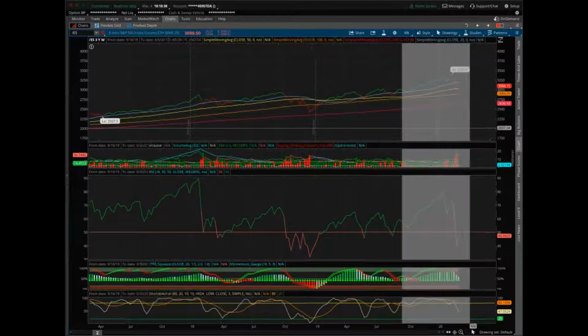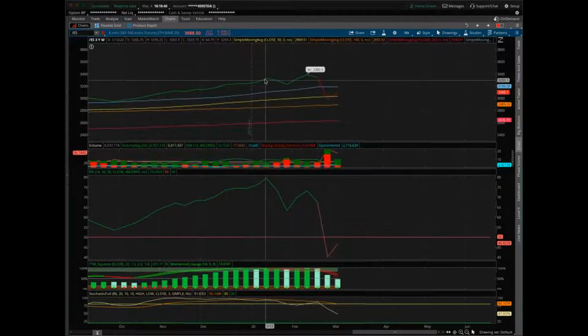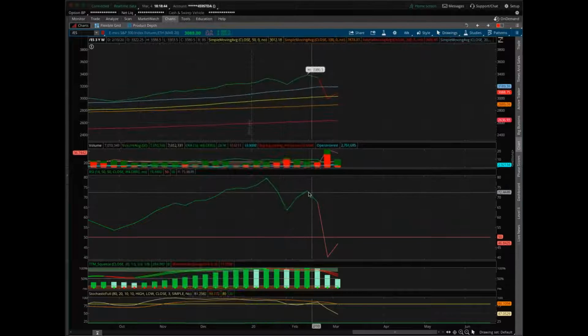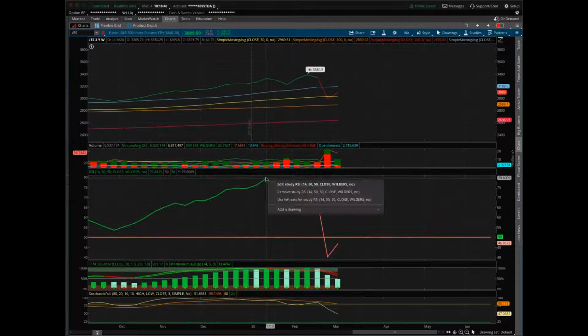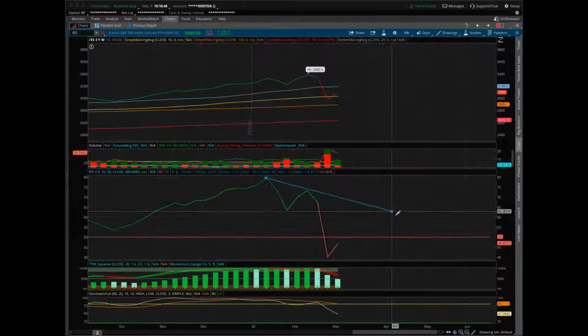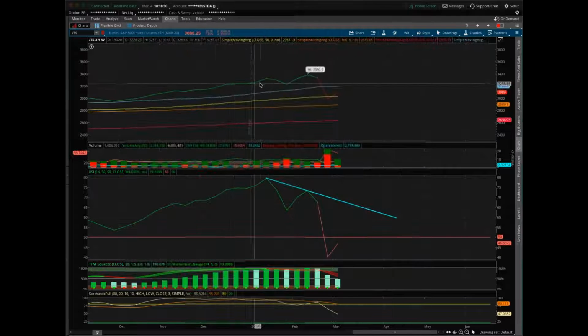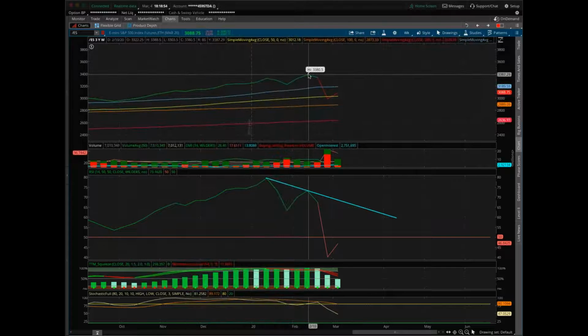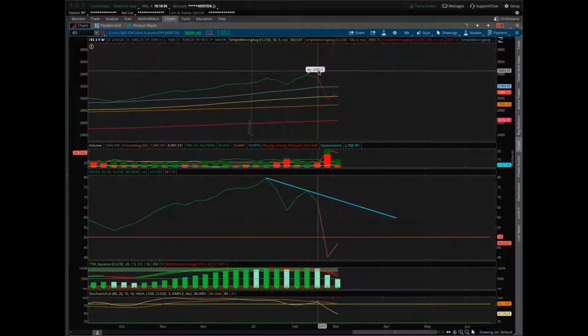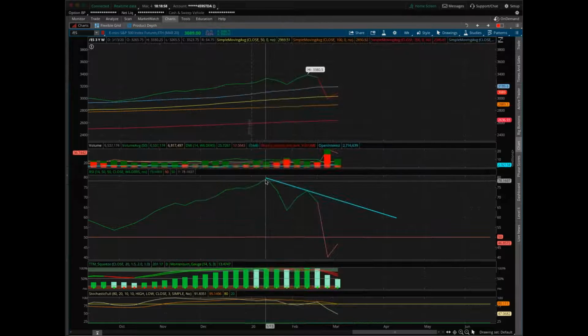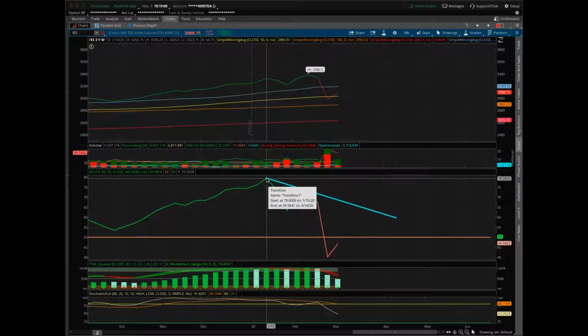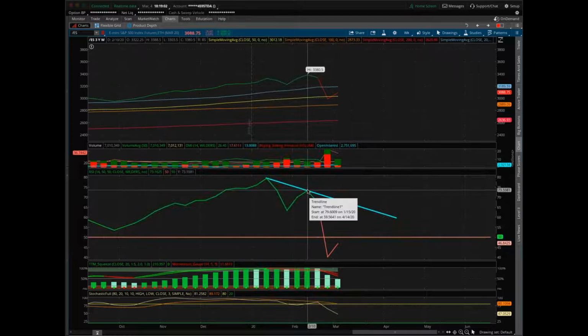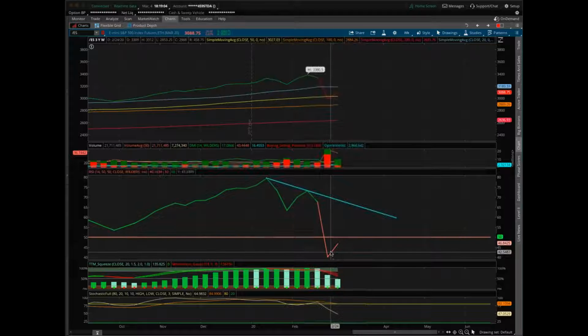Oh, here was the divergence. So we just missed the divergence right there. We had the stock price go up here and then make a new high here at 33.80, but yet the RSI made a high here and then made a lower high here, and then it broke down.